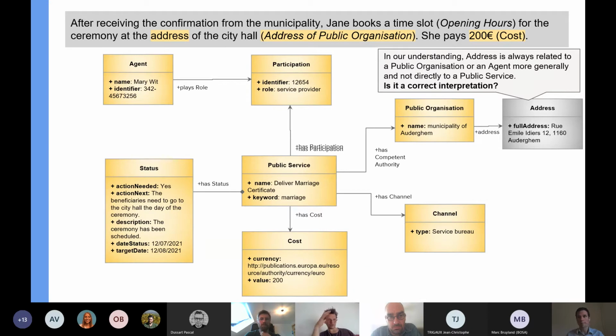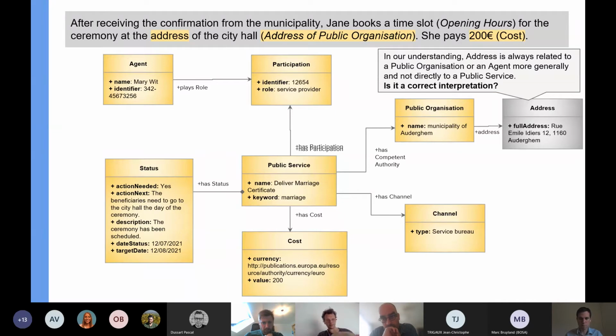Not sure how we can model this, but as it's stated here, it's not correct in my opinion. Yeah, so indeed, there could be different addresses, and we need to be able to capture that, or what is the purpose of this address. So we have to define what is the address, what is the semantics of an address within the realm of the public organization. And we'll have to add something there if you need to have this one.